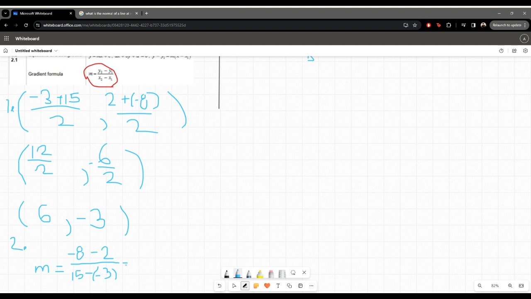So we then simplify this to get our slope for the first line segment AB, which is -10 over 18. And we can further simplify it so that it becomes -5 over 9.